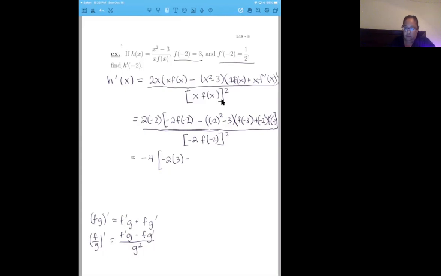Then I have f of -2, plus -2 times f prime of -2. f prime of -2 is 1/2. All right, all over -2 f of -2, which is 3, squared.